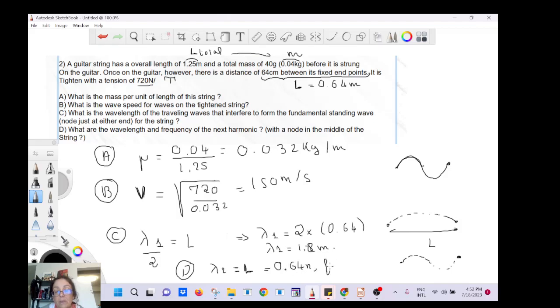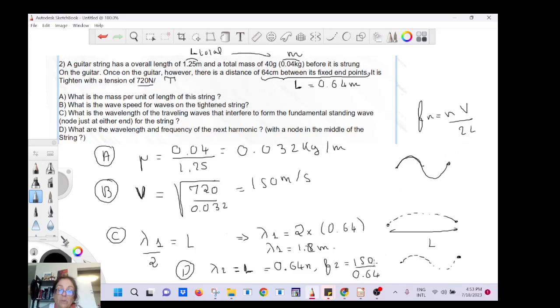And the next harmonic, so the second harmonic, so the first overtone, that's going to be the wavelength. So it's going to be the speed, which is 150, divided by the wavelength. So, okay, you can use that equation. Or, of course, you can go back to this equation here, V over 2L. But you'll get the same thing.